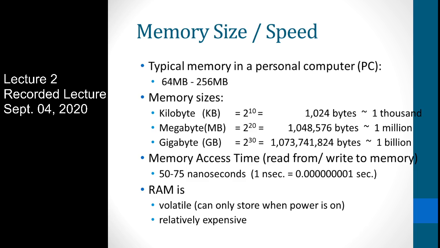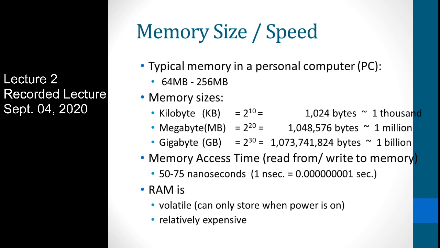Pag ginamit natin ang hard drive as primary storage, ay hindi makakasabay ang ating hard drive. Imagine, napakabagal ng hard drive mag-read at mag-write ng data. Sa atin, in human perception, mabilis. Diba? Pag nag-open ka ng Microsoft Word, mabilis. Sa atin yun, sa perception natin yun. But on the perception of the CPU, napakabagal.